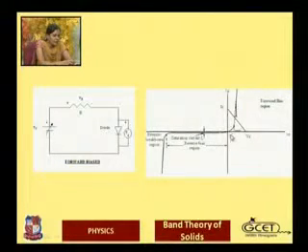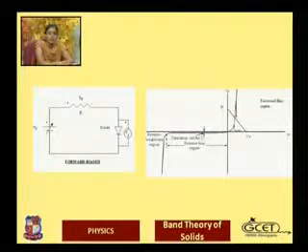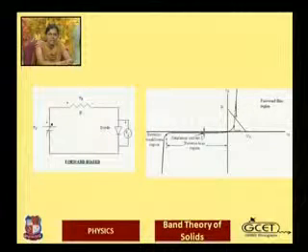Now we can see here that up to a particular point the current depends upon the voltage linearly. As the source voltage varies, the diode voltage varies and the current varies. Now after a certain point one can see that there is a sudden increase in current, and that is due to the threshold, the sufficient energy gained by the electrons to move from valence band to conduction band, and that voltage is known as V cut-in or V threshold.